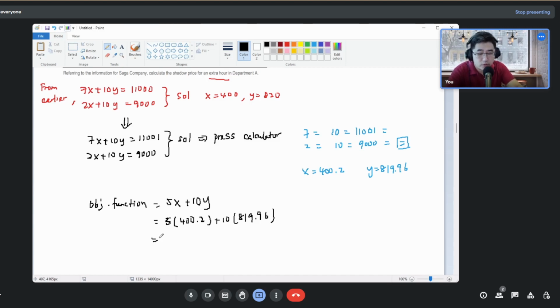I calculate inside my calculator, and you will have 10200.6.